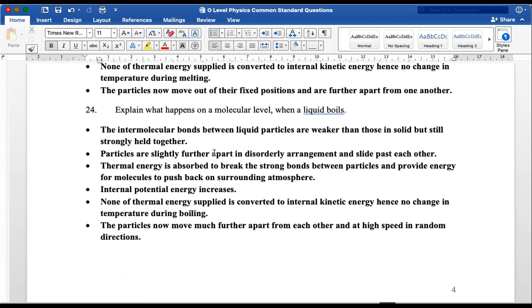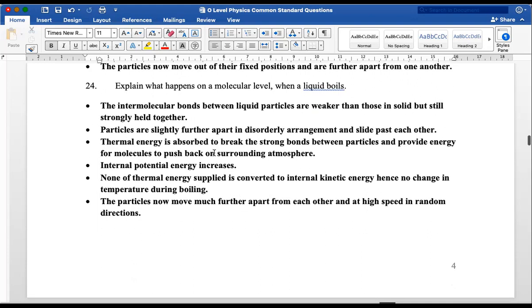Explain what happens on a molecular level when a liquid boils. The intermolecular bonds between liquid particles are weaker than those in a solid, but the particles are still strongly held together. Particles are slightly further apart in a disorderly arrangement and slide past each other. Thermal energy is absorbed to break the strong bonds between particles and provide energy for the molecules to push back on the surrounding atmosphere.